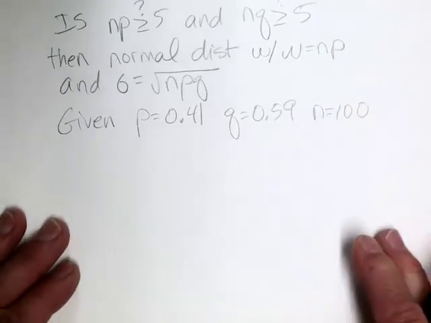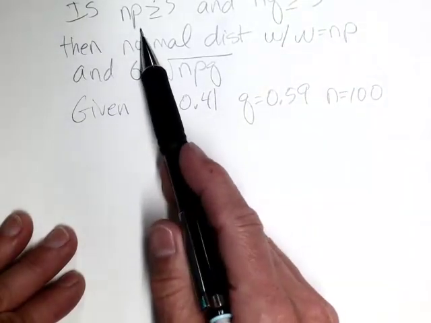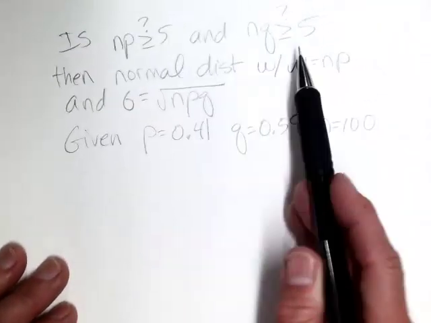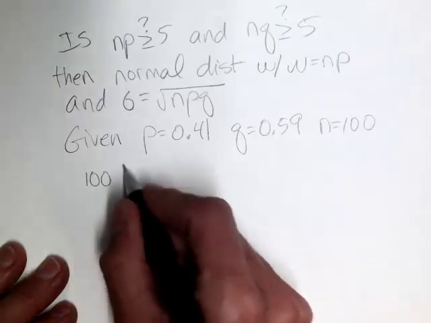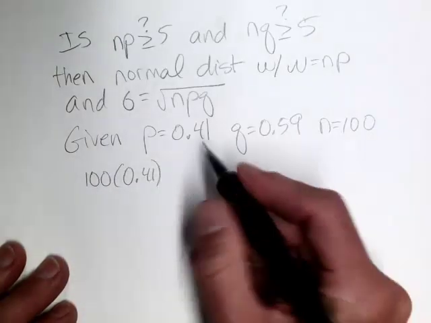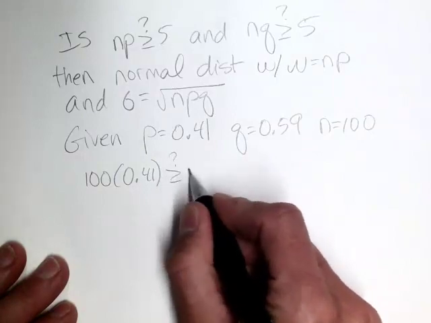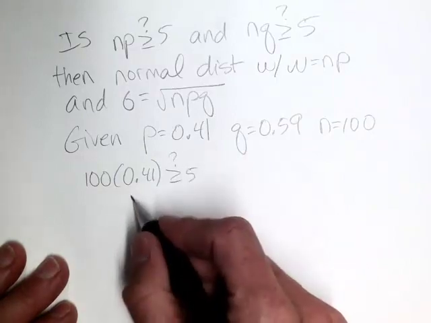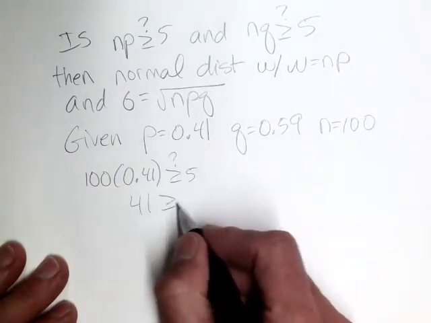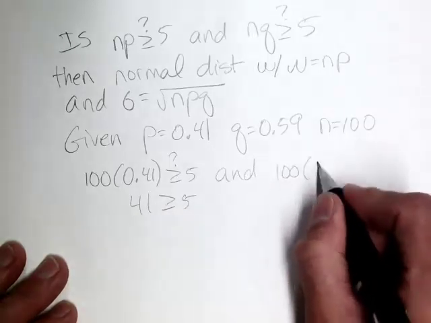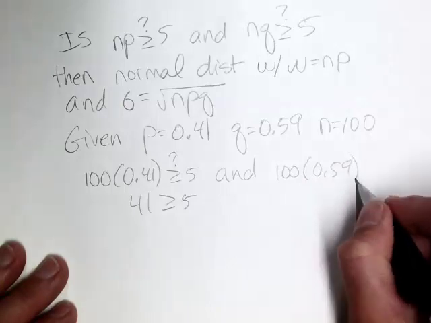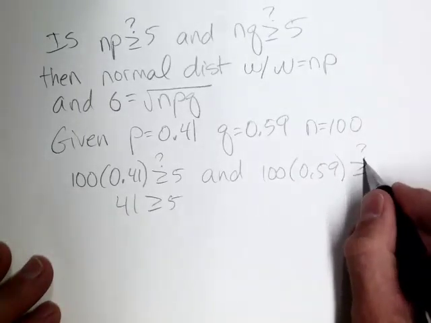So we first want to find out, is n times p at least 5 and n times q at least 5? So is 100 times 0.41 at least 5? Well, yes, that would be 41. 41 is at least 5, and is 100 times 0.59 at least 5?